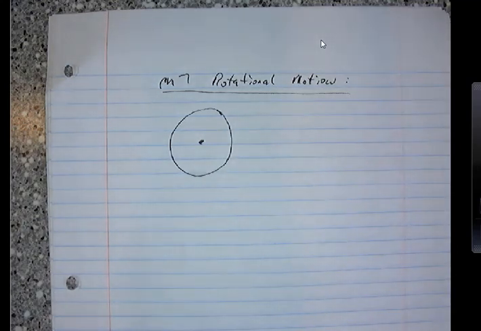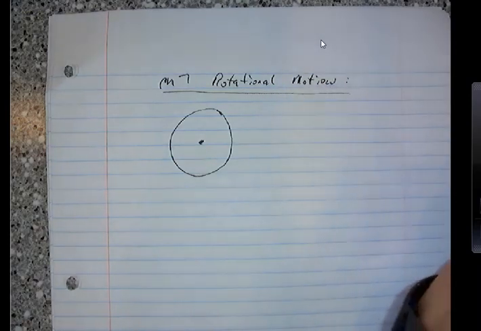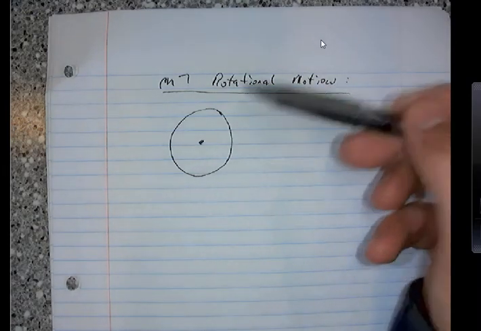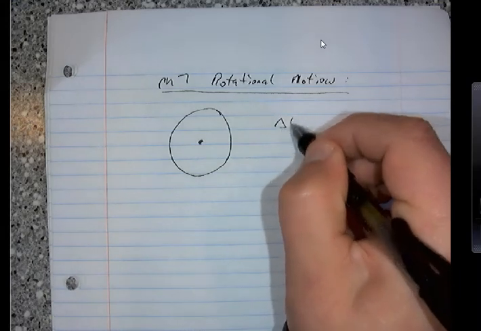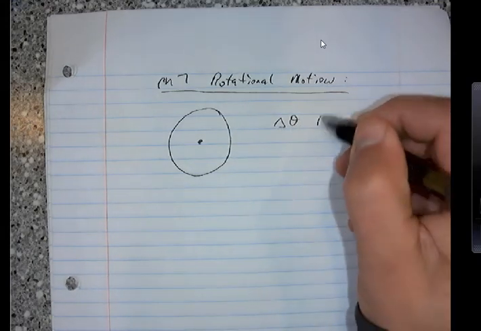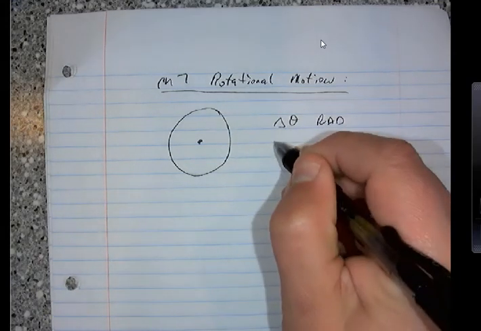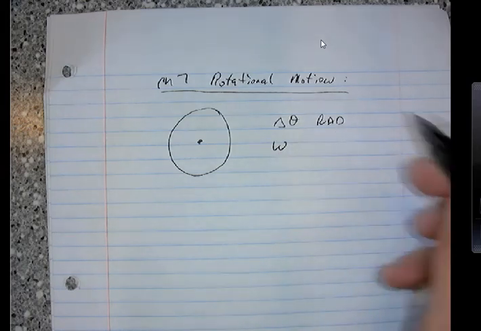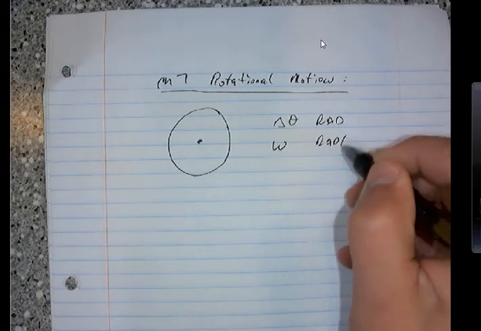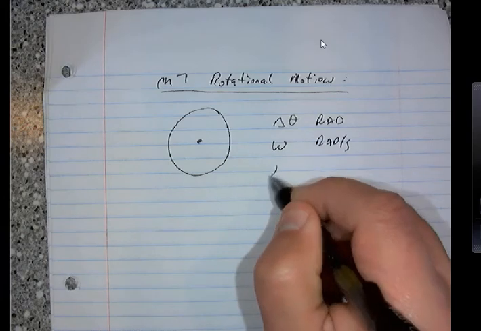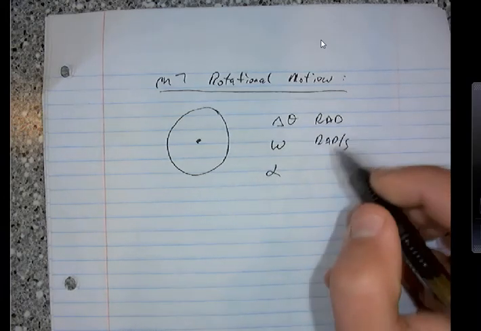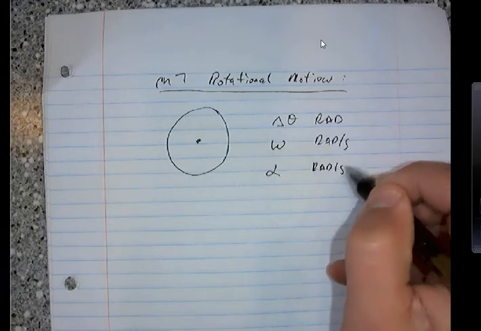So the big idea here was, first we had to come up with some variables to describe this. So instead of delta x, we had delta theta, measured in radians. And then we had angular velocity, so that's omega, radians per second. And then alpha, angular acceleration, radians per second squared.